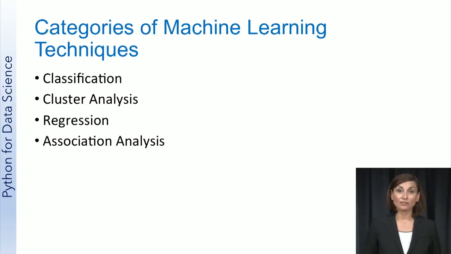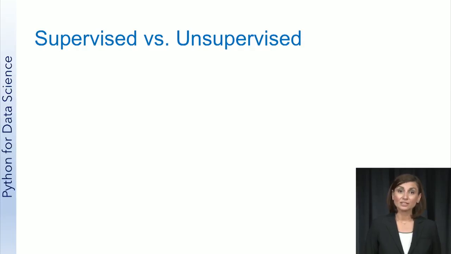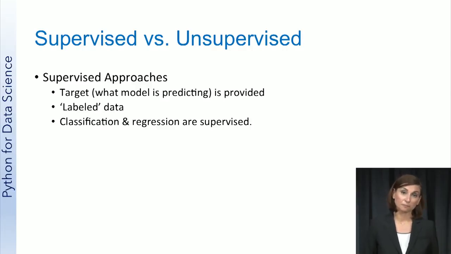We've now looked at the different categories of machine learning techniques. They are classification, regression, cluster analysis, and association analysis. We've also seen some examples of each category. For the techniques we've discussed here, there are two ways of conducting the learning itself. These categories are referred to as supervised versus unsupervised learning. In supervised approaches, the target, which is what the model is predicting, is provided.